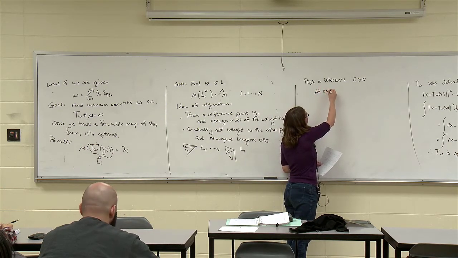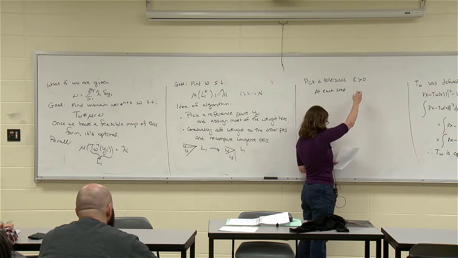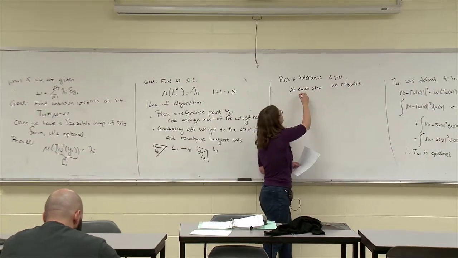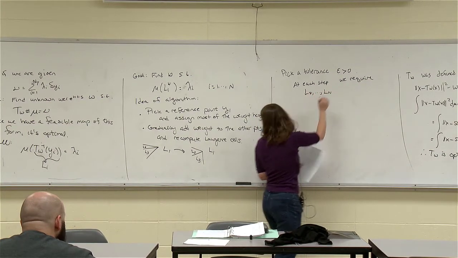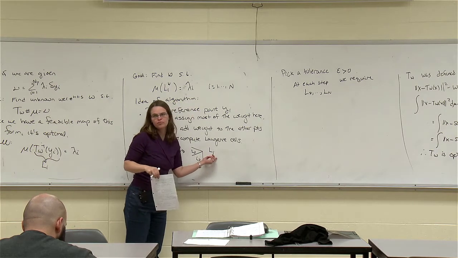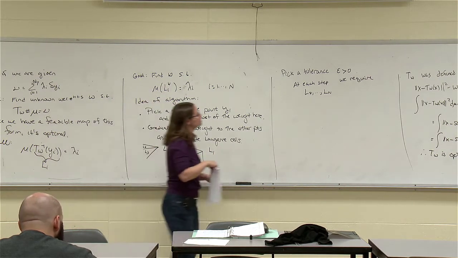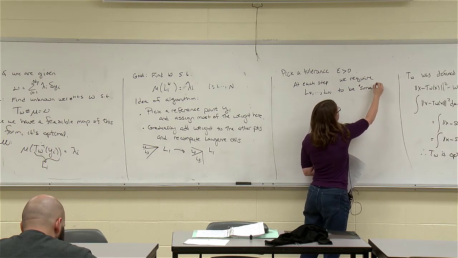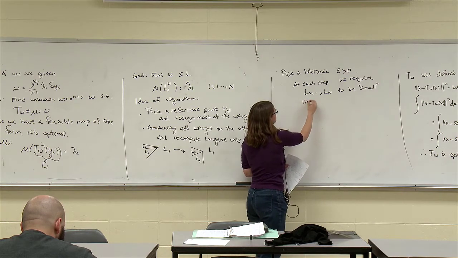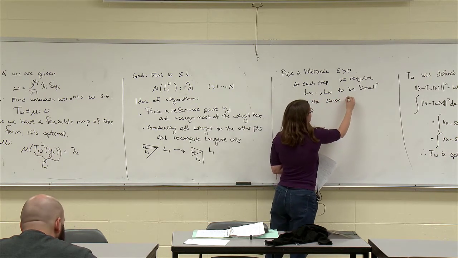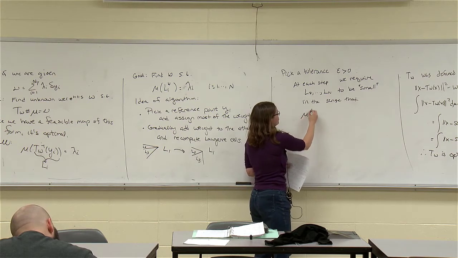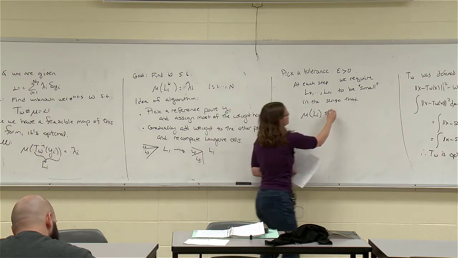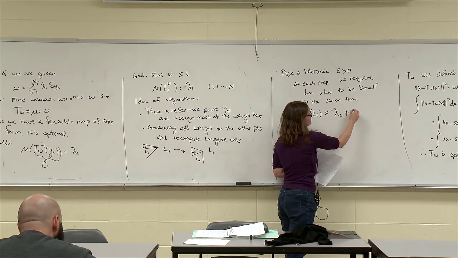At each step, we're going to require L2 through Ln, right? L1 gets treated differently. He's big. These guys are small. Okay, to be small in the sense that the mass in each of these is going to be less than or equal to the required mass plus epsilon.